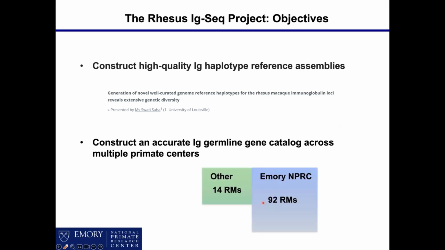And the data set that I'm going to be presenting today, I need to note up front, is highly biased towards animals that were from my center at Emory. This is largely because these were the ones we first got samples and first got sequenced into the pipeline. So any estimates of variation should be taken with this balance in mind.